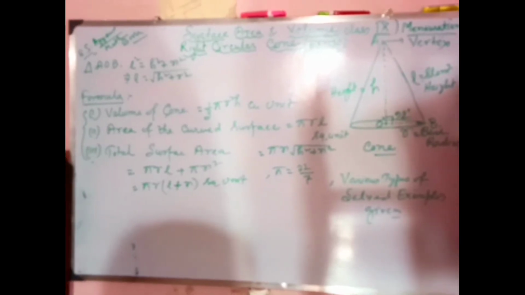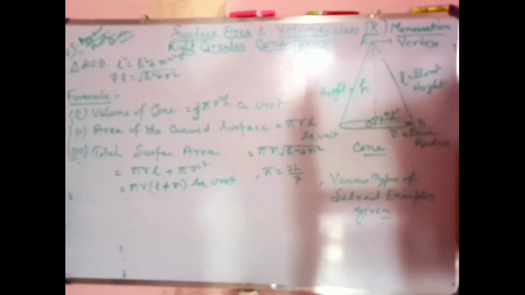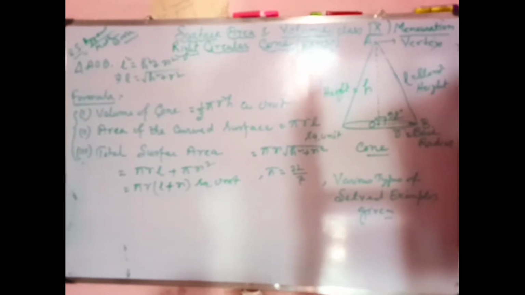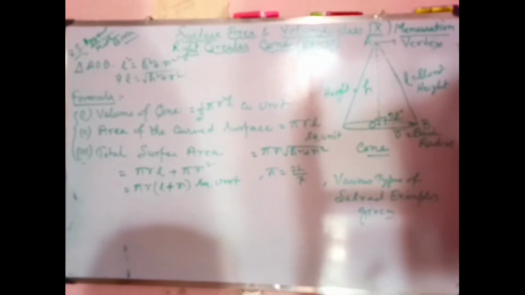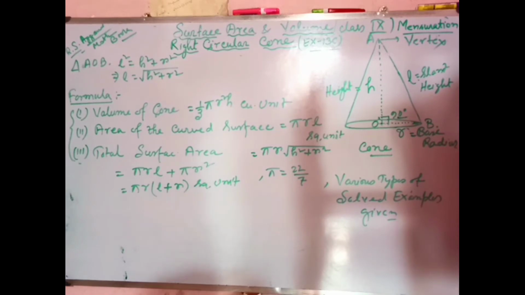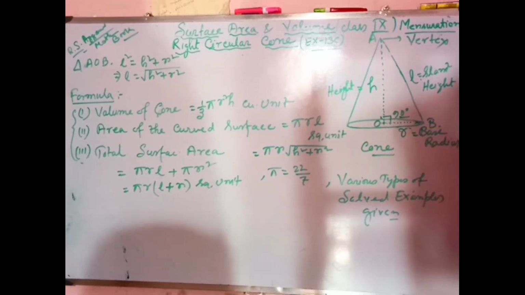So we are doing some preliminary ideas about mensuration. As you can see from my board, we are doing the mensuration chapter, and we have already discussed the right circular cone.